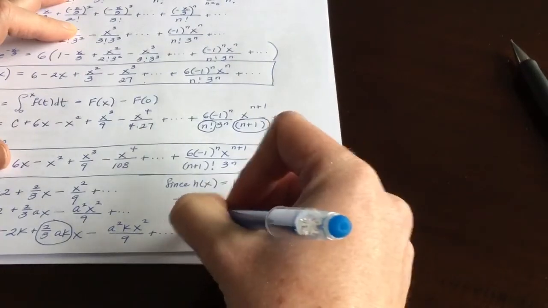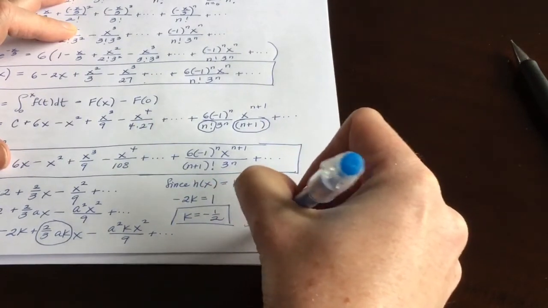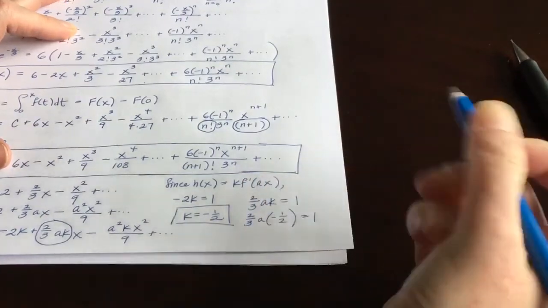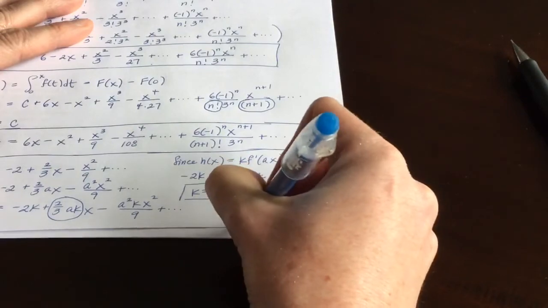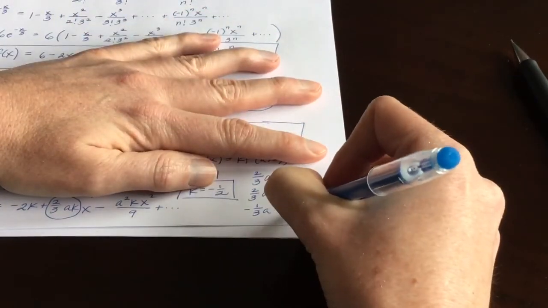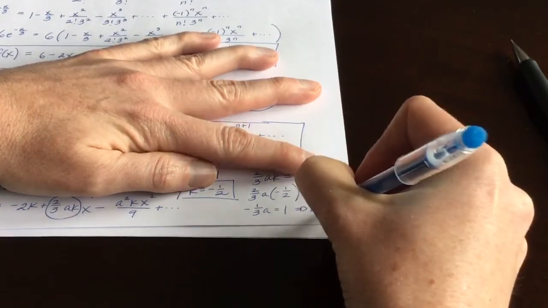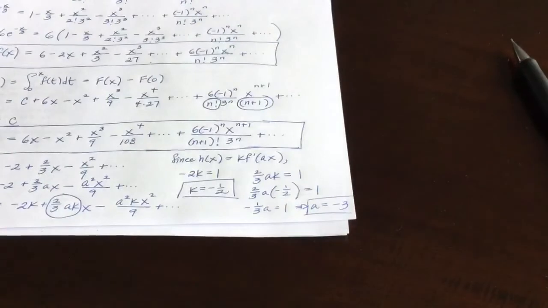And we found that k is negative 1/2, so you'd have 2/3 times a times negative 1/2 has to be 1. And then the 2's cancel, so you're left with negative 1/3 times a has to be 1. So what does that mean? That would mean a is negative 3. There we go.